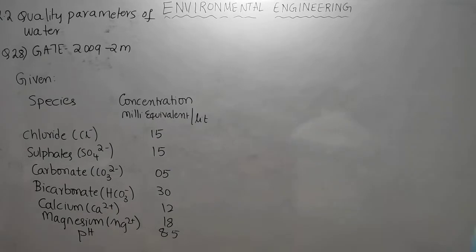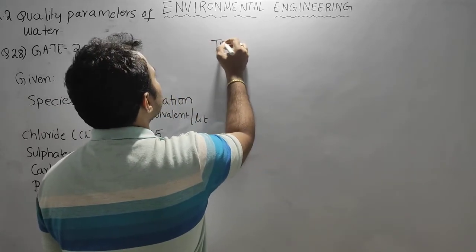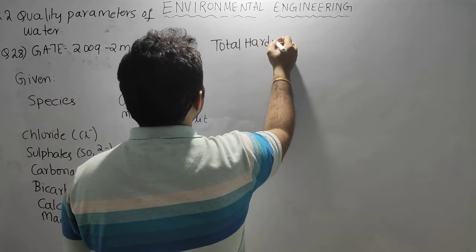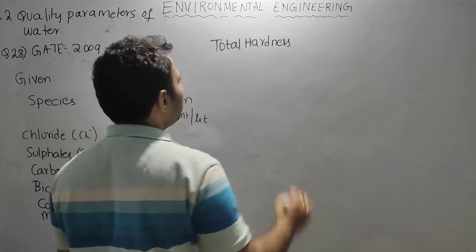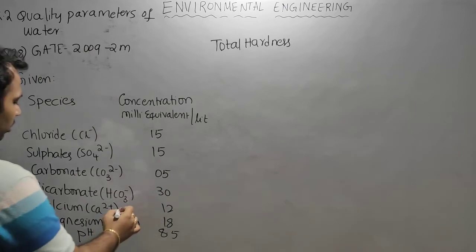So what is he asking now? He is asking total hardness. Okay, let us see what is total hardness for this. Again, total hardness is caused due to multivalent metallic cations. What are the multivalent metallic cations?